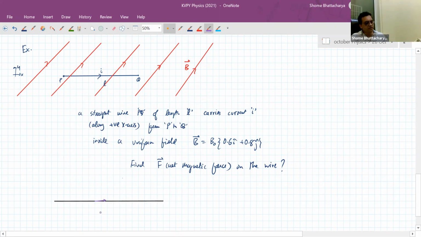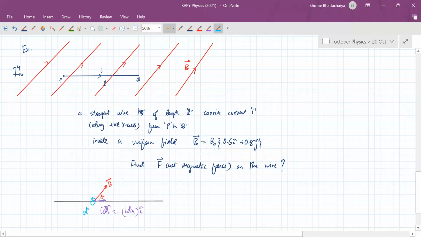So this current element we can treat as I dx i cap, and the magnetic field vector is like this. If this angle is theta, then you can see I dL cross B is pointing in which direction? It's coming out of the plane, right? So the dF will be like this.